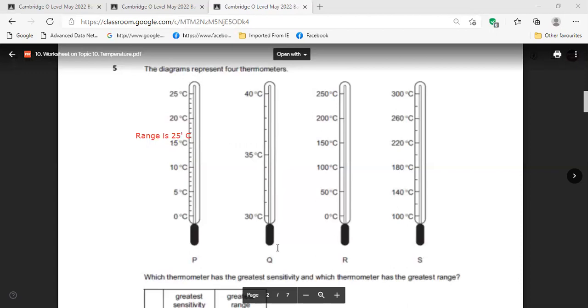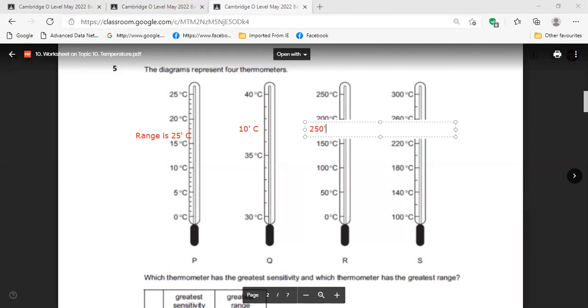Okay, for the first one. For the second one, what is the range? 10 degrees. 10 degrees, correct. 10 degrees Celsius. Mashallah, you understand quickly. Please respond. 0 to 250. What is the range here? 250.